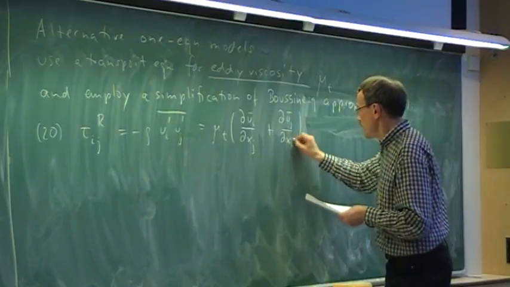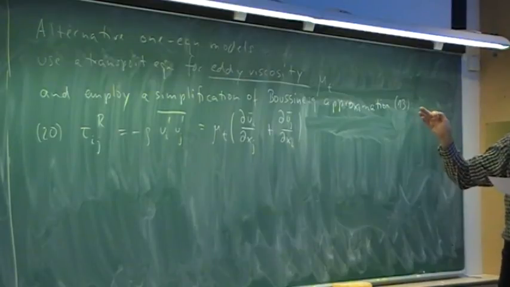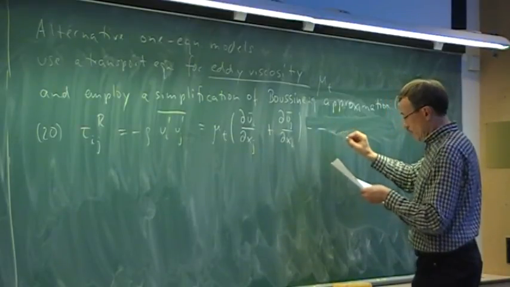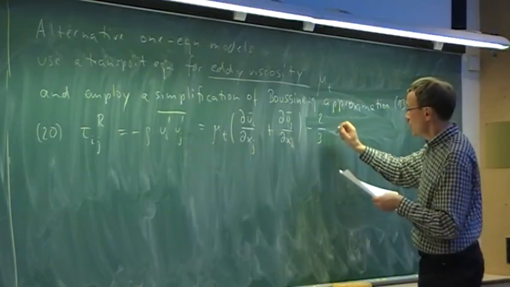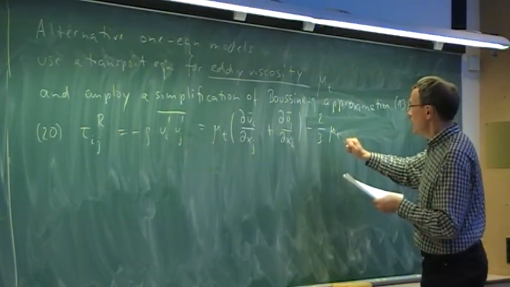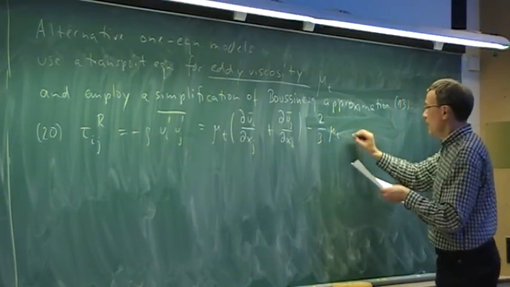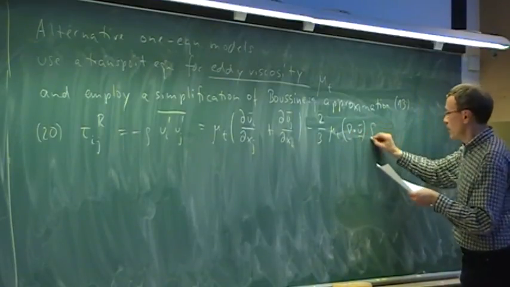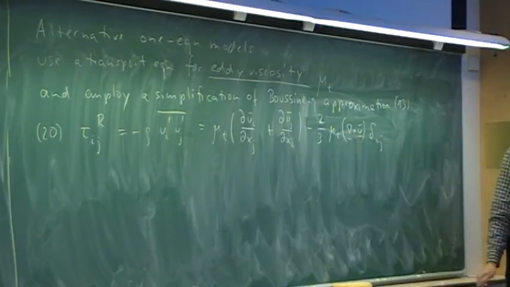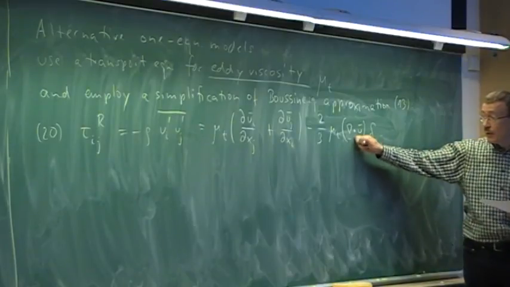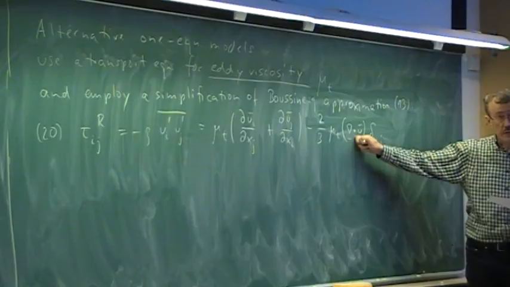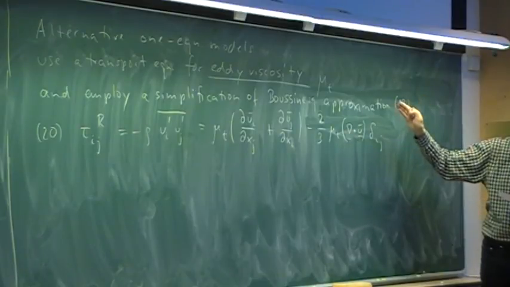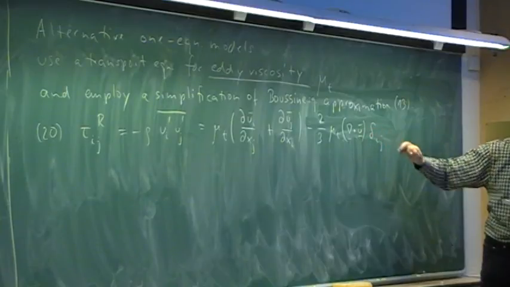So that is the way that we start, and then we would have here minus 2/3 rho k, and that is simply neglected. And if we have a compressible flow, we would also have a contribution minus 2/3 times the eddy viscosity times the divergence of the mean velocity times the Kronecker delta. And you see what we are discussing is incompressible flow, and we have seen in the Reynolds-averaged Navier-Stokes continuity equation that this is 0. So the simplification consists in neglecting the k in the Boussinesq approximation.